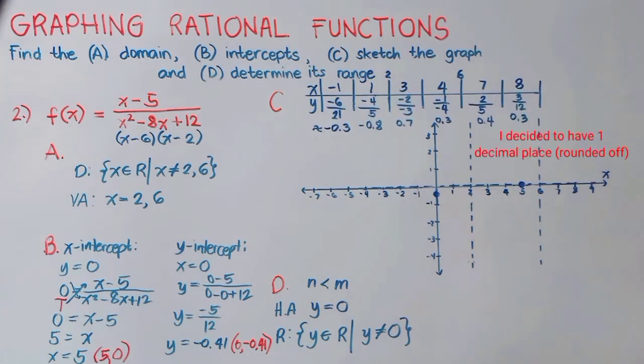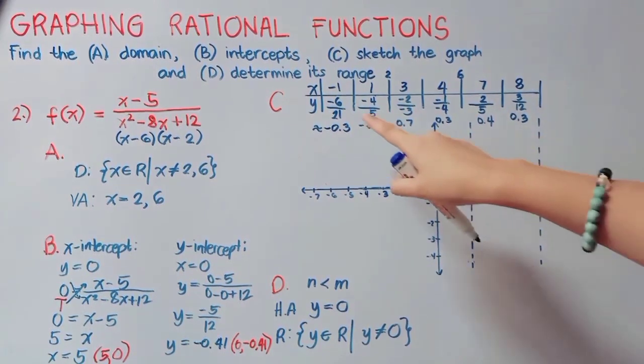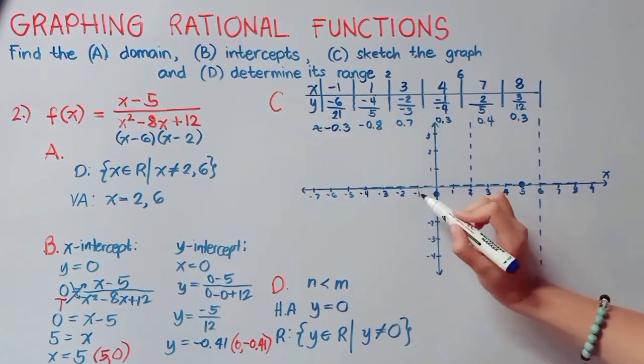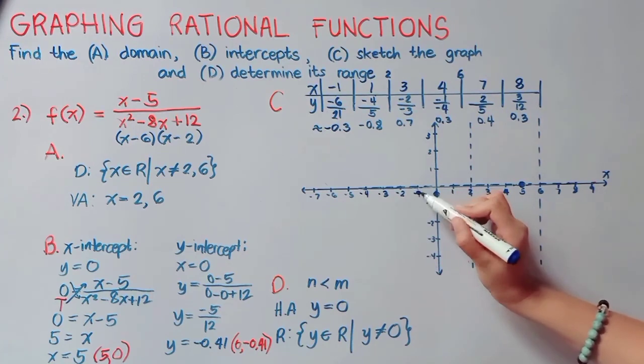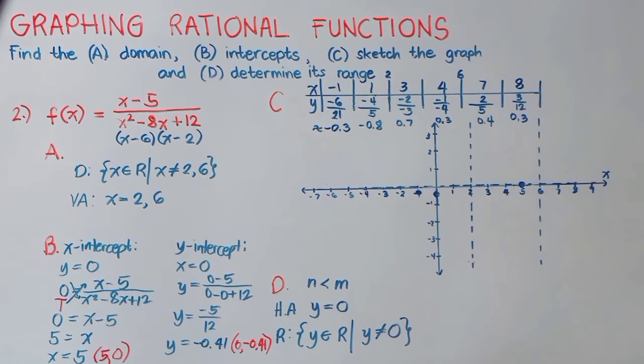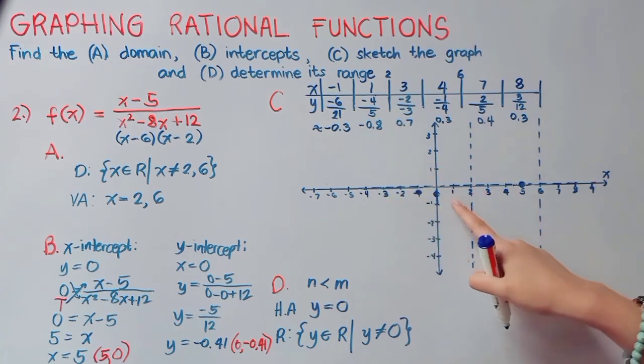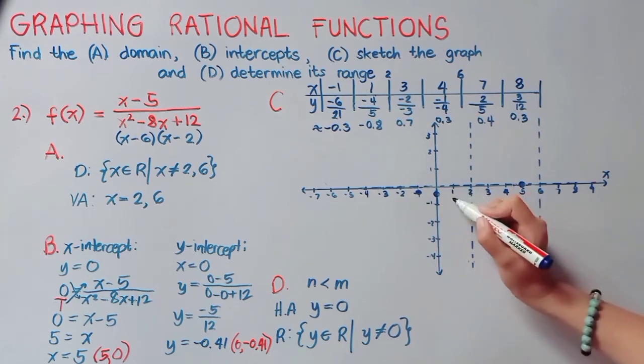Substituting each of our x values to our function, we will arrive at these answers. So let us now plot these points. We have negative 1 here and negative 0.3, so it's just right above negative 0.41. And here 1, negative 0.8, so it's this point.